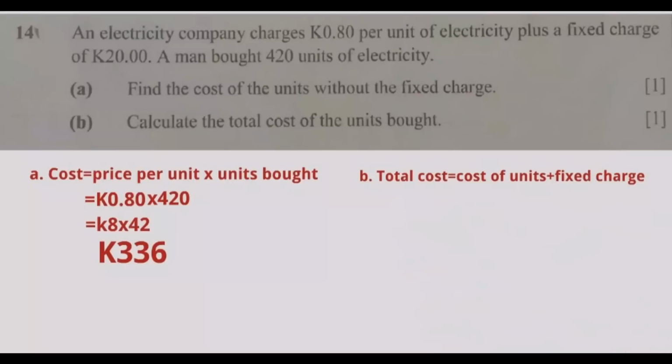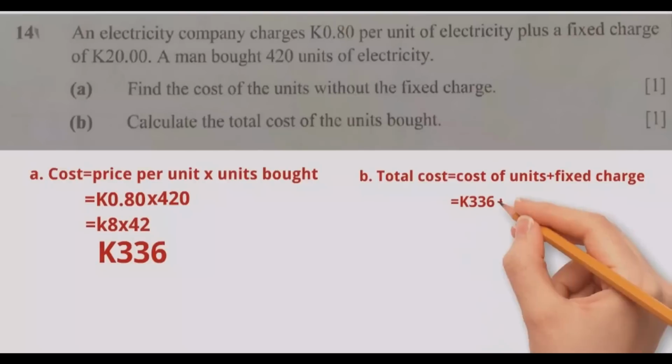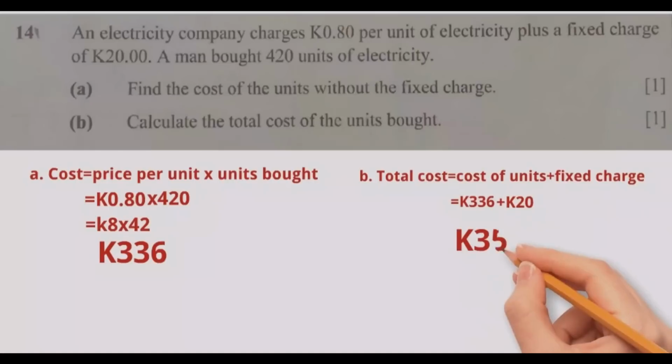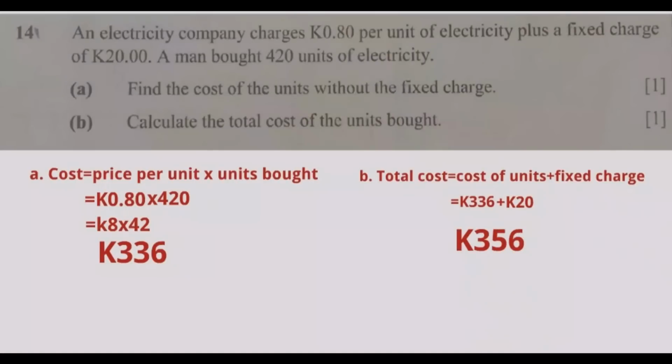We found that the cost of units is 336, plus the fixed charge of 20 kwacha, which will give us 356 kwacha. This is the money that was paid, including the fixed charge. So that's what you do. We go to the next question.